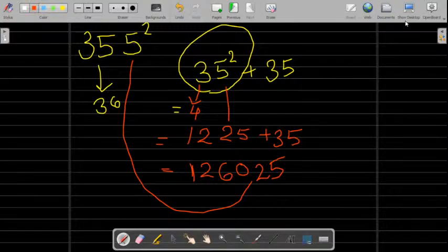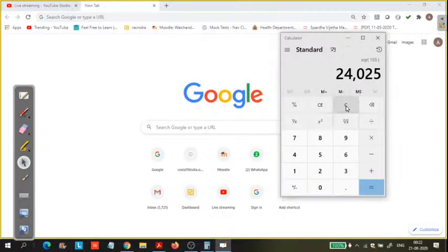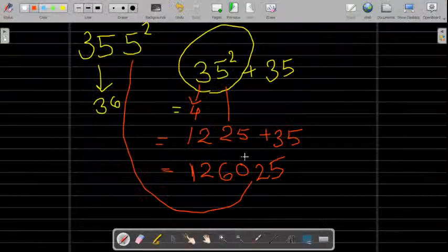So 126025. So what is 355 square? 126025. Yes. So these are very simple tricks to calculate the square of given numbers.